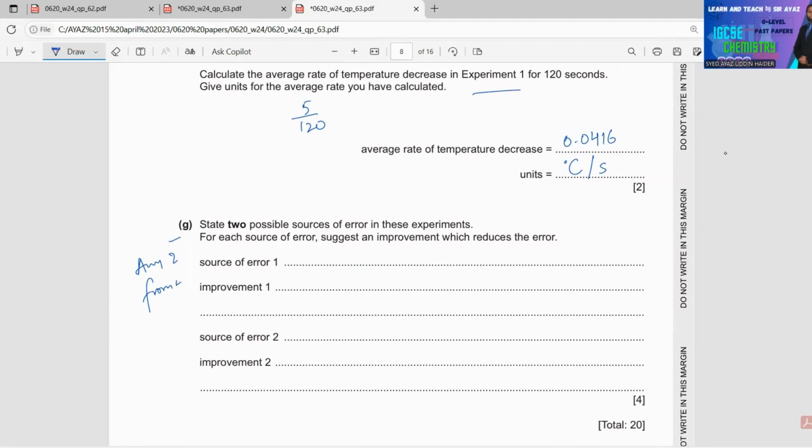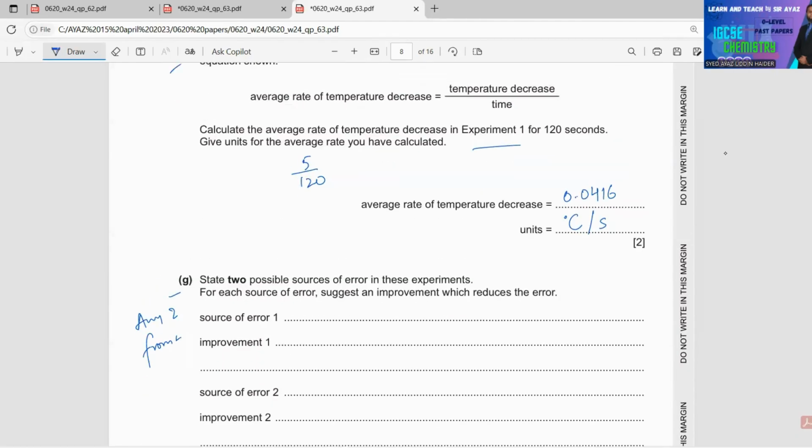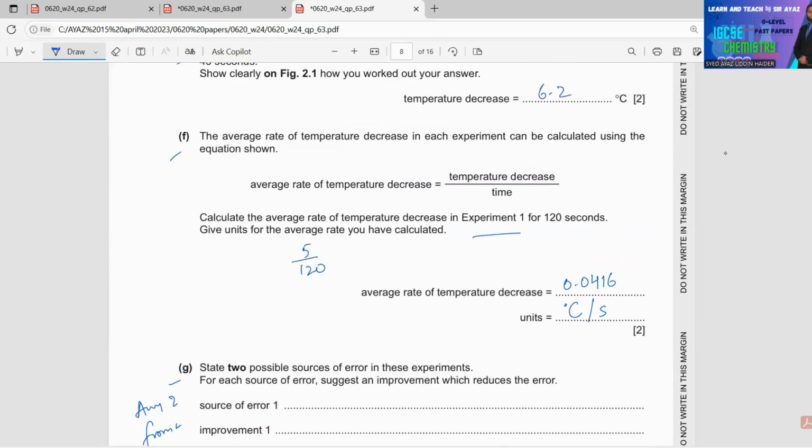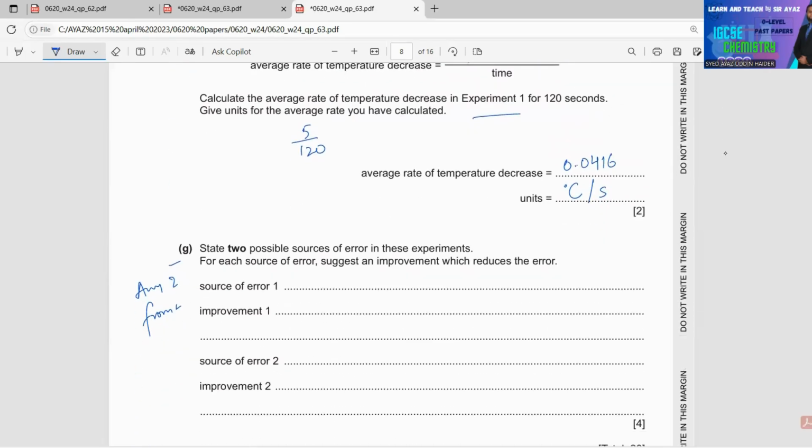You can have heat gain happening here. Definitely heat gain can be one of the sources of error, or we are using less precise volume, that is using a measuring cylinder, or you may have water already present in the test tube for experiment 2.